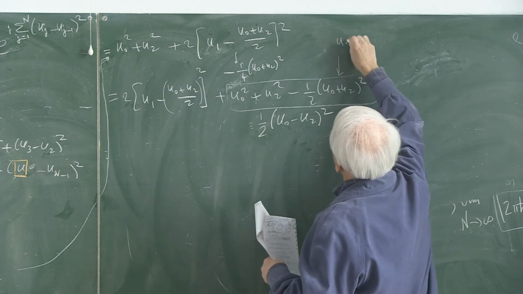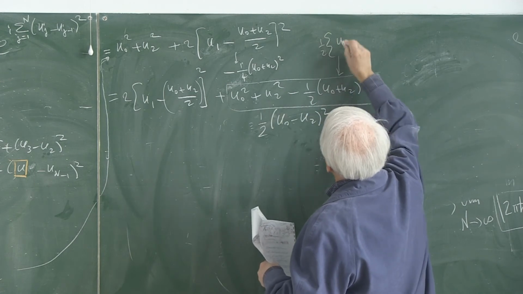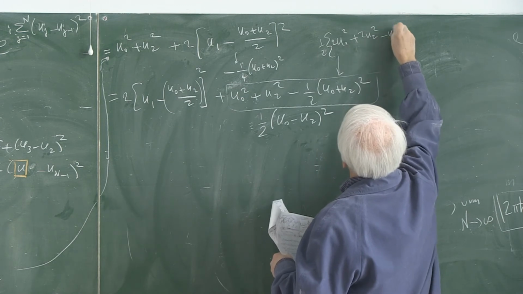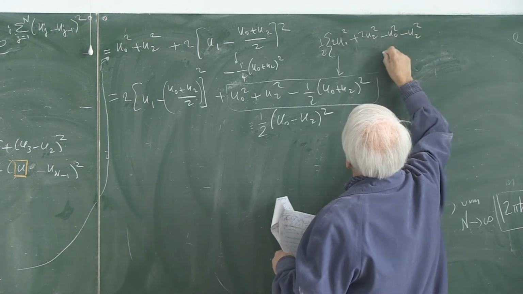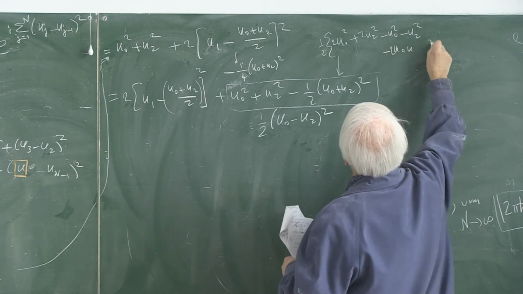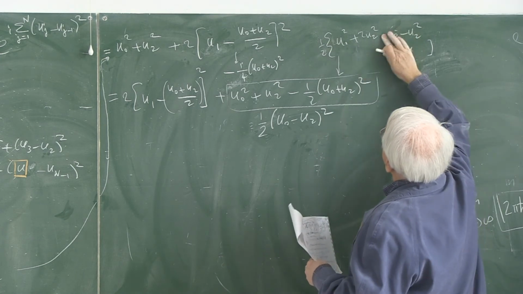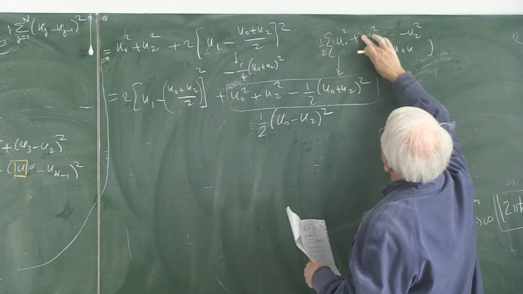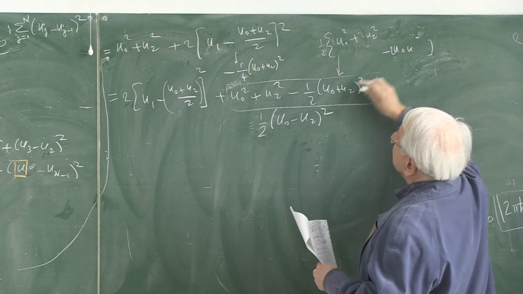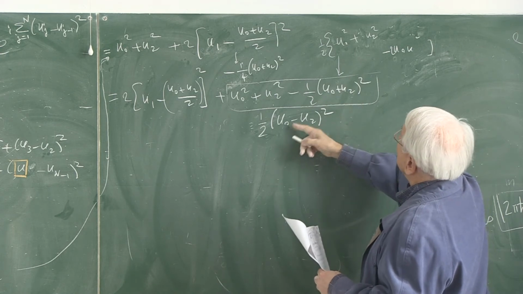Let's check. u0 squared, there's an overall 1/2. Twice u0 squared, twice u2 squared, minus u0 squared, minus u2 squared, minus u0 u2 twice. u0 squared, 2u2 squared, minus 2 u0 u2, 1/2.